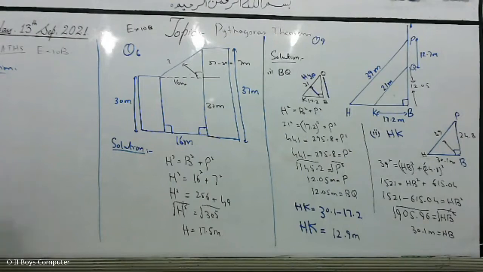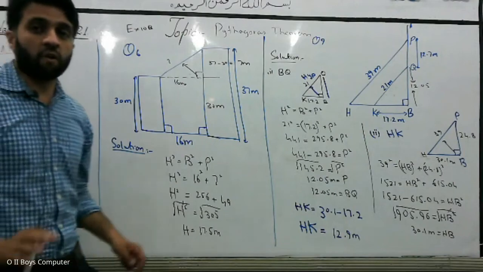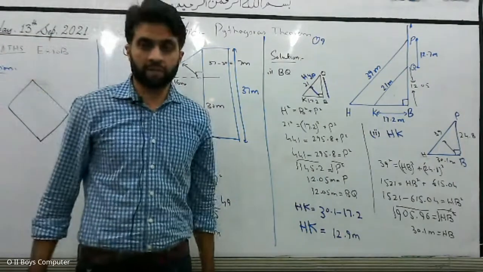So, a table coaster is in the form of a rhombus. You know the properties of a rhombus. Like in a square, all the sides of a square are the same.